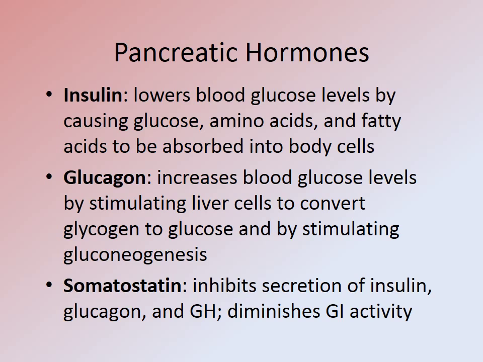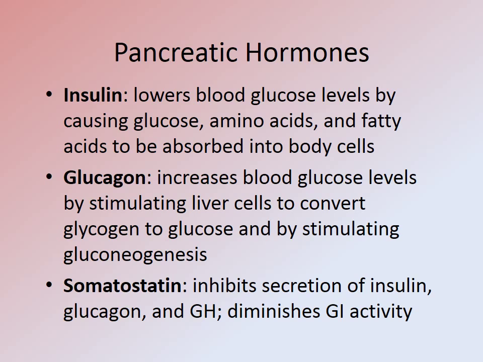So if my blood sugar, for example, goes really high, I just ate a 5-pound cookie, and my blood sugar goes way up, my pancreas is going to say, wait a minute, we're hyperglycemic, this can't happen, so it's going to spit out insulin, okay, which is a hormone that's going to decrease my blood glucose level to acceptable levels.